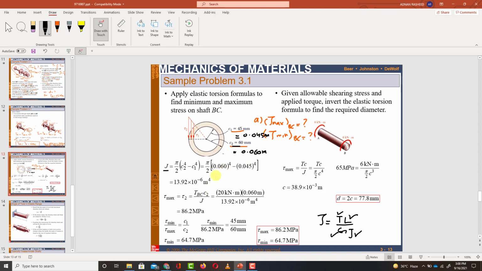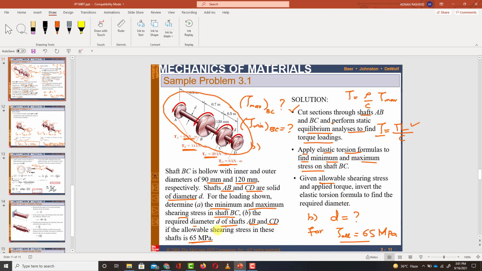So put the values, and when you calculate this, the J value, or polar moment of inertia, comes out to be 13.92 into 10 raised to power minus 6. Now the J value has been calculated. The G value should be given in the question. G value is given or not?